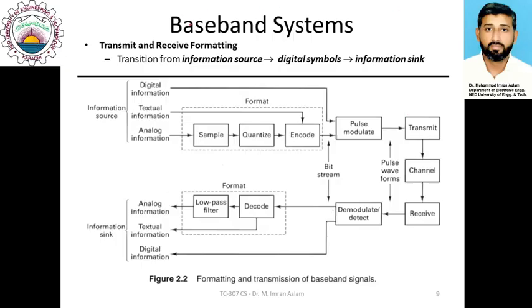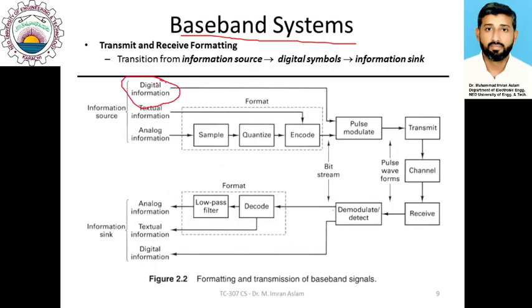So if we try to illustrate a baseband system in a simple sense, we observe there are a number of functions that need to be incorporated in the digital form. First, what functions are needed depends on the original form of information.